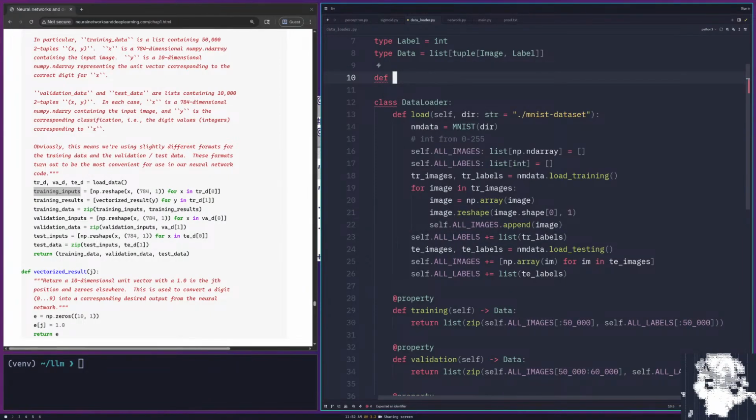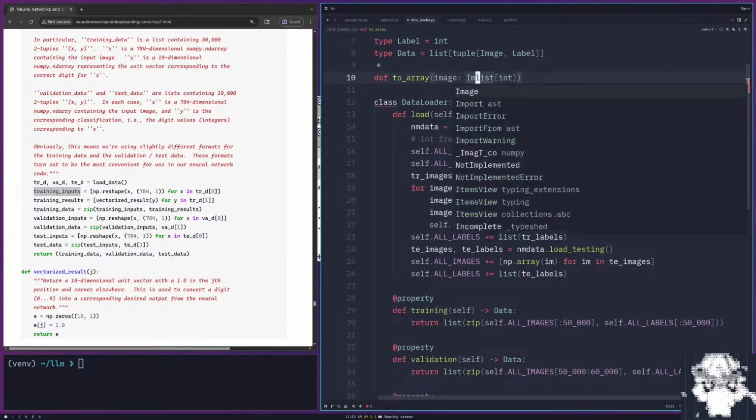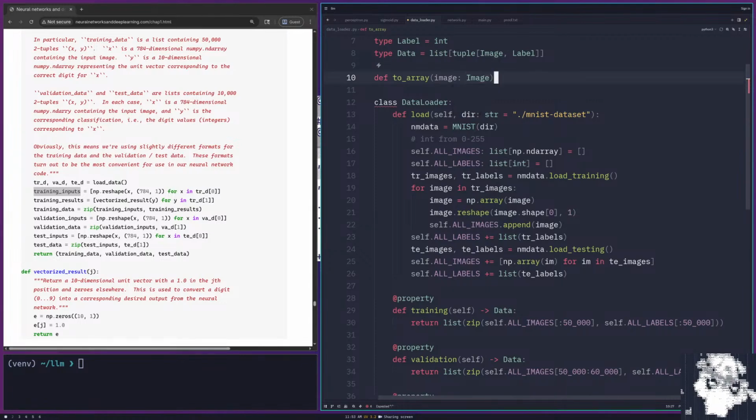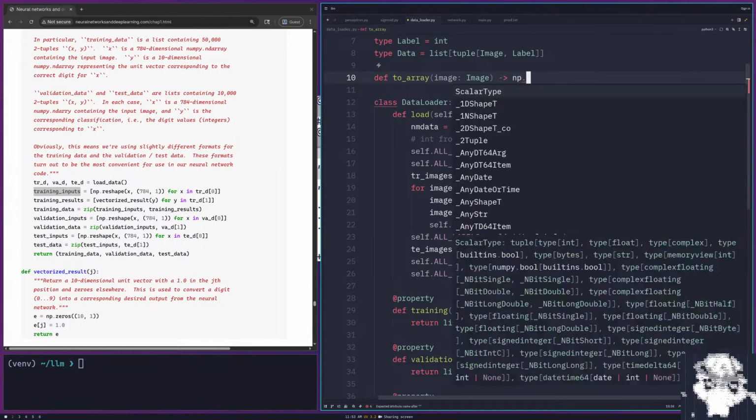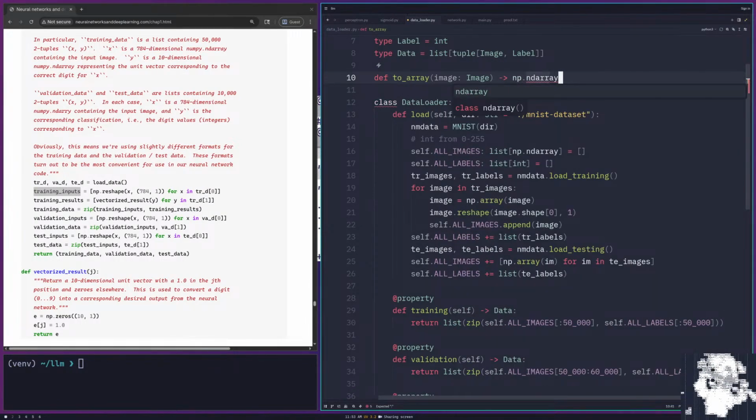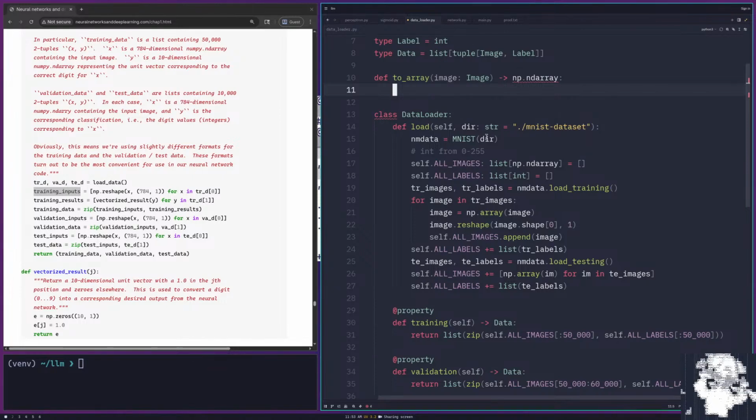Let's make a helper function here, def toArray, which is going to take a list of ints. It returns an np.ndarray, which I can never spell right on the first try.